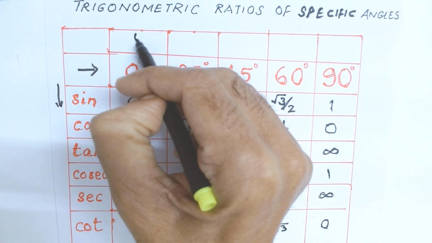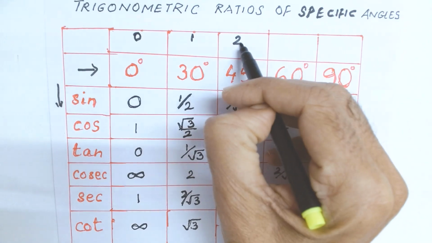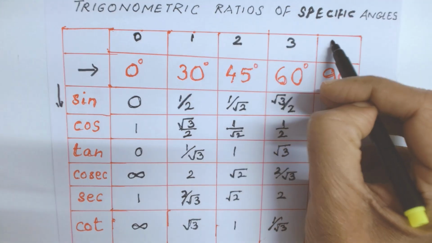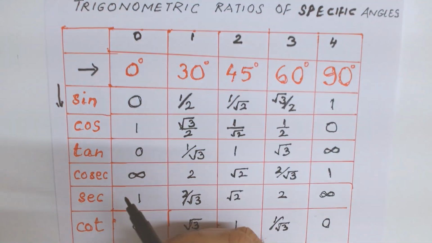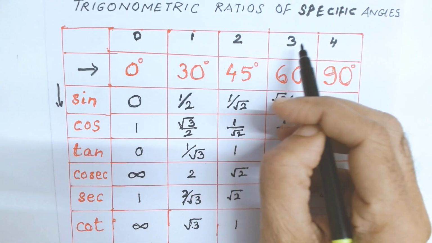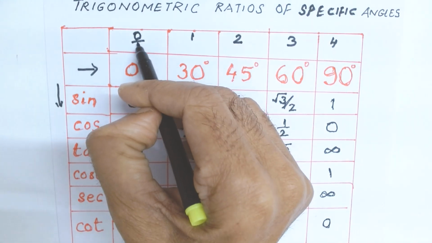Put 0, 1, 2, 3 and 4 here. Isn't it easy? 0, 1, 2, 3, 4. Divide all by 4.